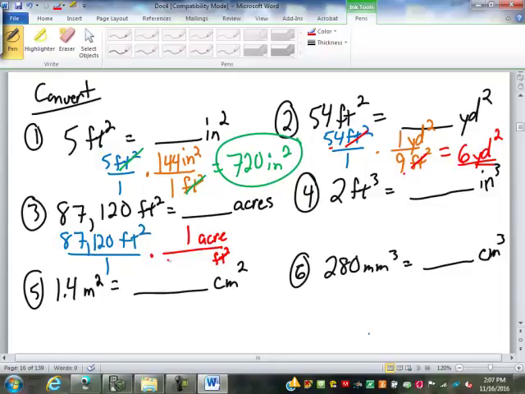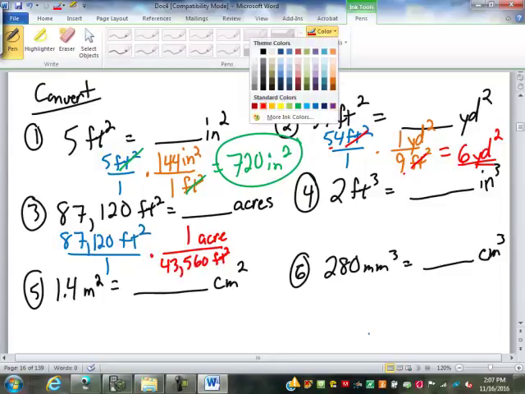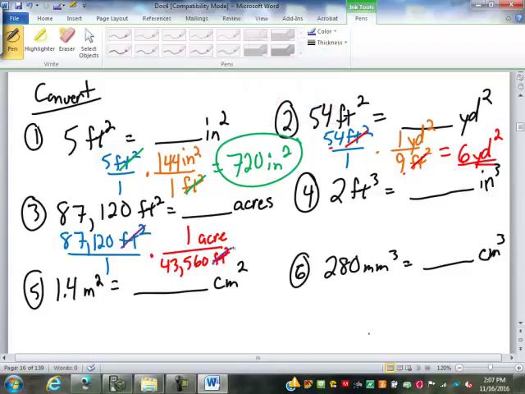Something's a little off there. There you go. Somebody's got it. 43,560. Perfect. So that cancels out. Now, since the 43,560 is on bottom, we're dividing. 87,120 divided by 43,560, if I did my math right, should be 2 acres.